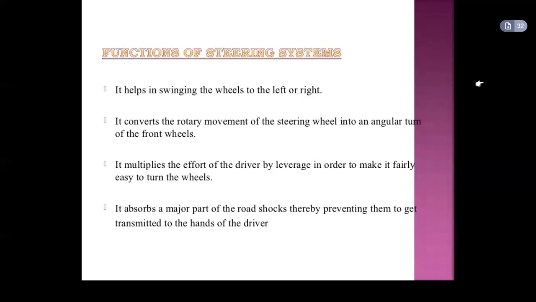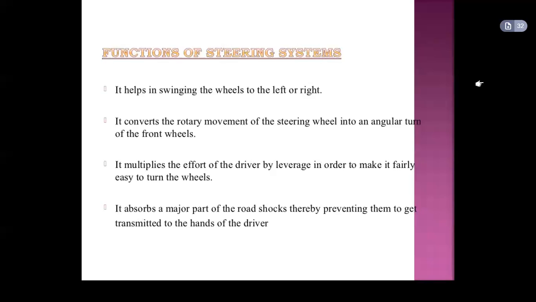Then another function: it multiplies the effort of the driver by leverage in order to make it fairly easy to turn the wheels. So here, mechanical advantage is the concept used at the time of applying force on the steering wheel.